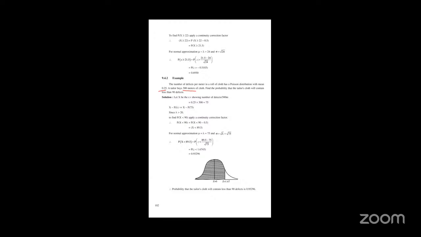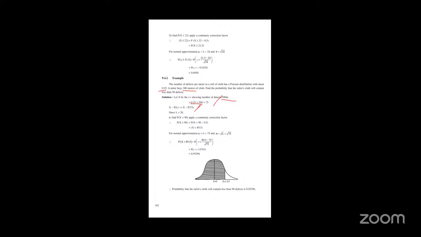So coming to the solution part, first you need to write what is given in the question, then analyze, and then start solving it. Let X be the random variable showing the number of defects per 300 meters, right? The mean is 0.25 and there are 300 meters of cloth, so 0.25 into 300 is 75.